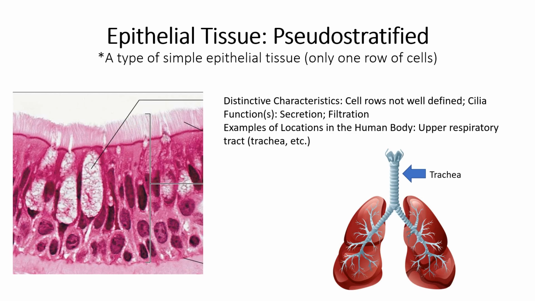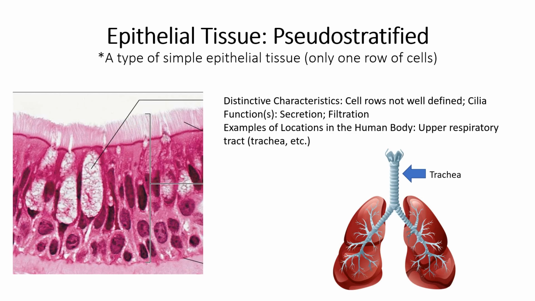So where we find pseudostratified epithelial tissue: upper respiratory tract, so like the trachea, or the windpipe. The trachea is the windpipe, and to some extent within your larynx as well, so kind of up above where the trachea is, like where the voice box is, right?